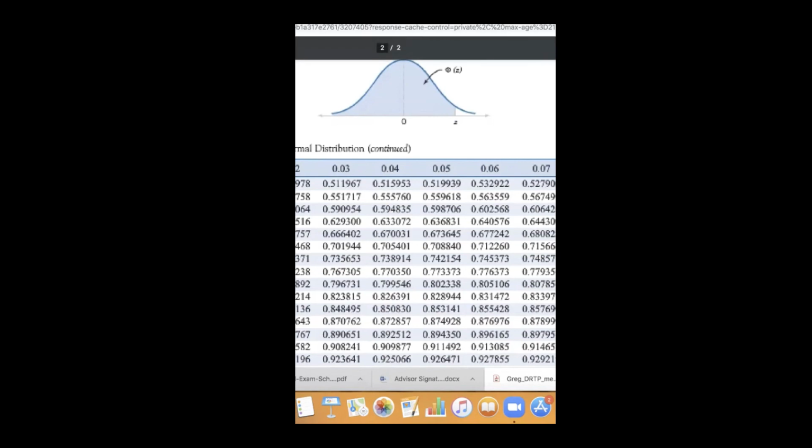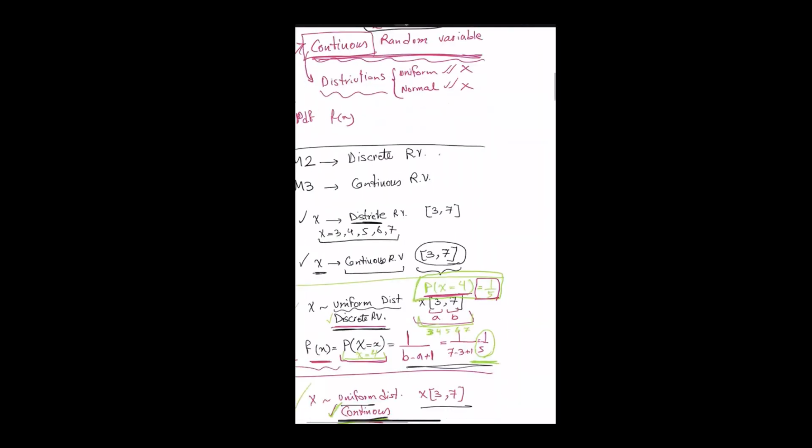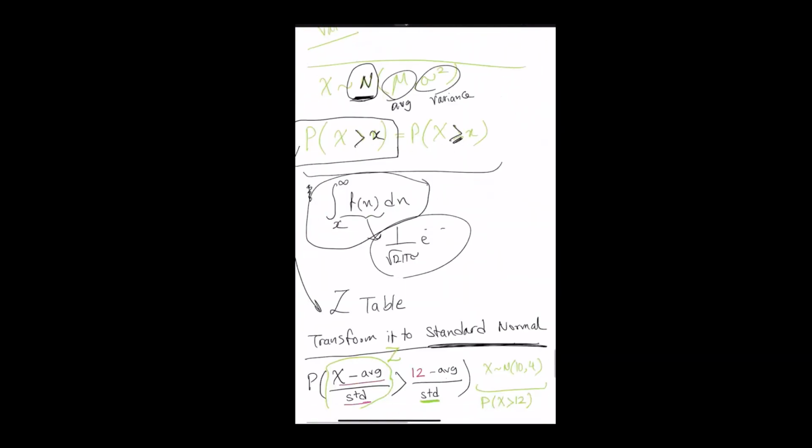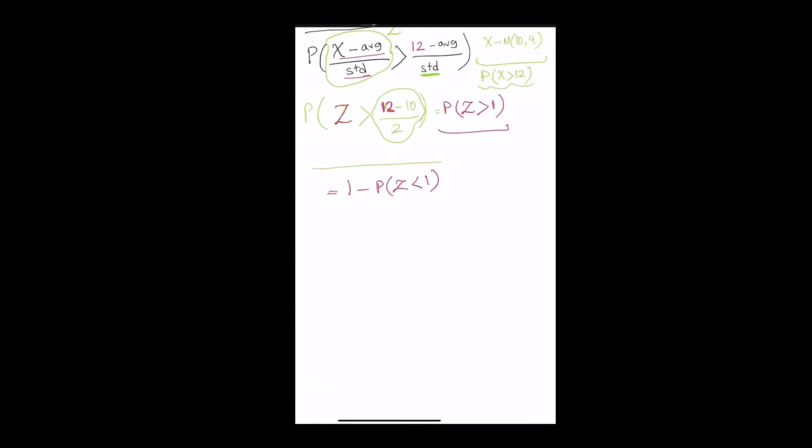Let me just stop it one more time and share this. Since the table is giving me this, I'm going to write what I want in this form so that I can get it from the table, and that was 0.84, right? And whatever remains is the probability.